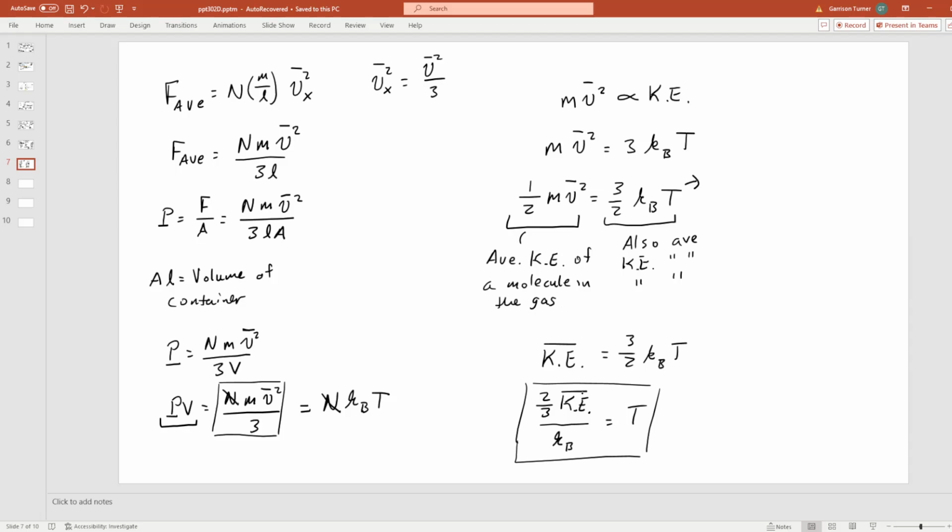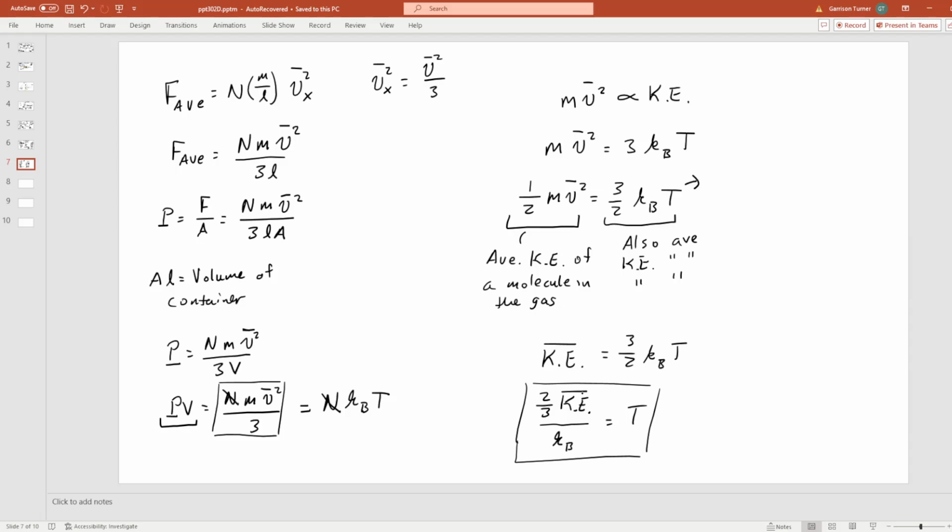The temperature of that gas is going to be equal to 2/3 of the average kinetic energy of the entire collection of particles, the entire ensemble, as they're sometimes called, divided by Boltzmann's constant.